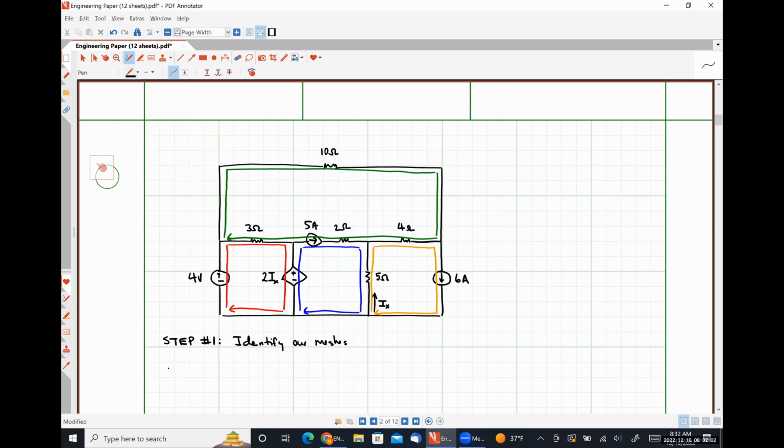We are then going to label our mesh currents. So let's call this guy IA, red IB, blue IC, and orange down here will be ID.